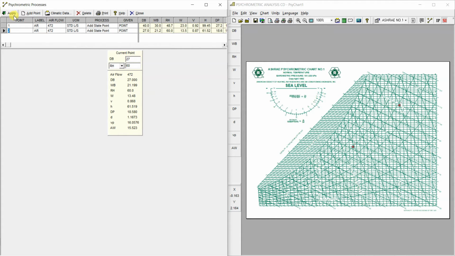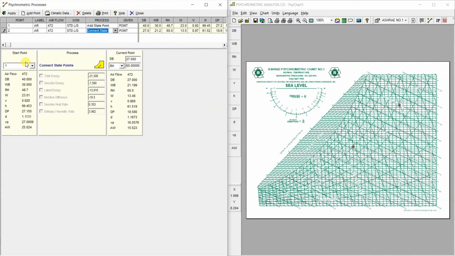Click apply. So you have got point 2. Okay, now after this you have to actually join point 1 and point 2. Select here, under the heading of process, you have to select connect state point. So we have to join 1 and 2. Okay, I'll click apply. So I have joined 1 and 2.